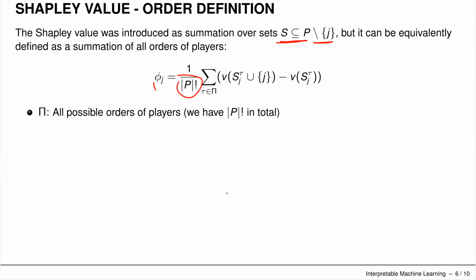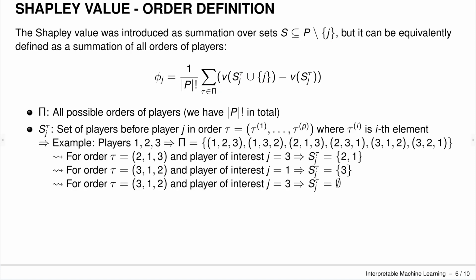So we have to divide by that, and then we sum over all orderings, and now we again take the marginal contribution, so the value function of the set with player J and of the sets without. But here note that small tau, and that is because we have to consider different orders.